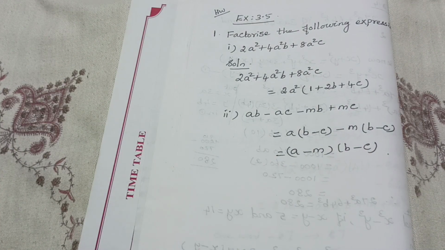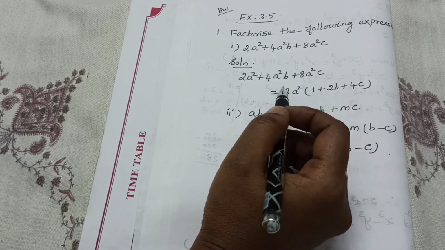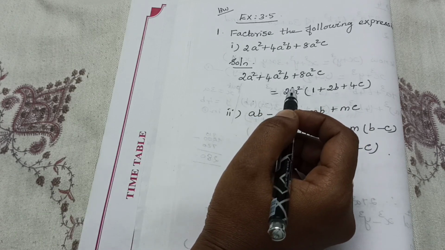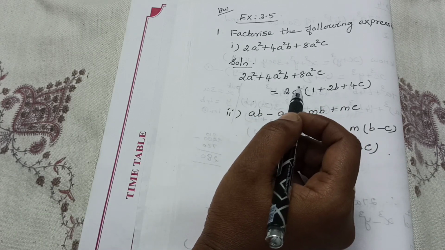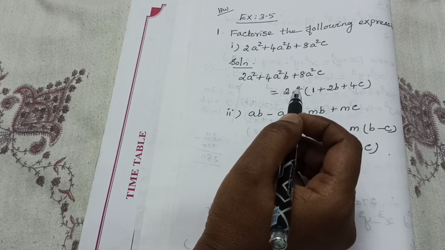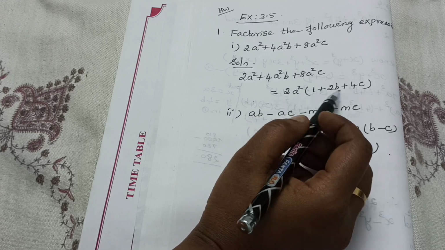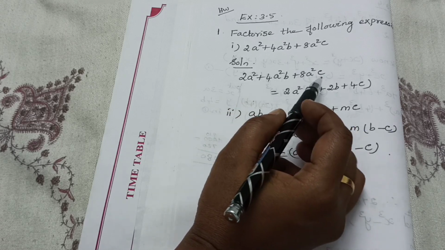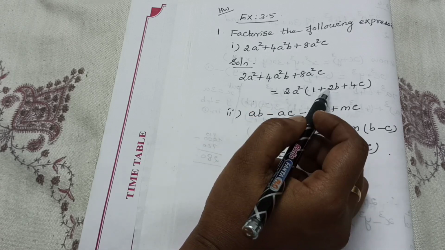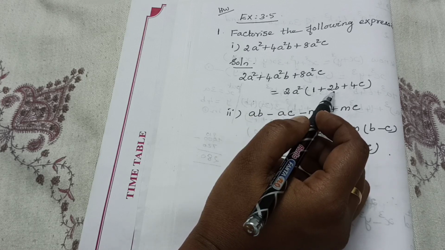Next question also. Here common we took outside, isn't it? And what is factorization? Factorization is the reverse of multiplication, isn't it? Multiplication of these two. Then here these two are factors.